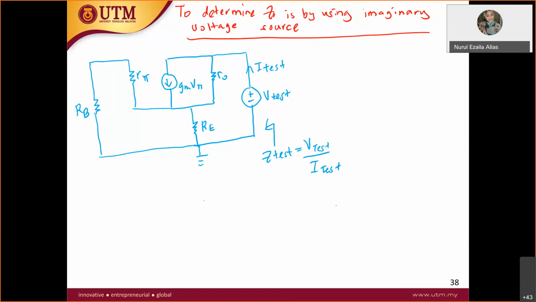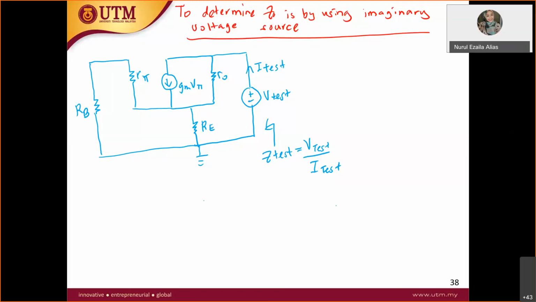Now let's find how to get V test and I test. As a note, the imaginary voltage test can only be added when there is an independent source at the input. When you have a current source, then you can only inject the V test. So let's transform this circuit.